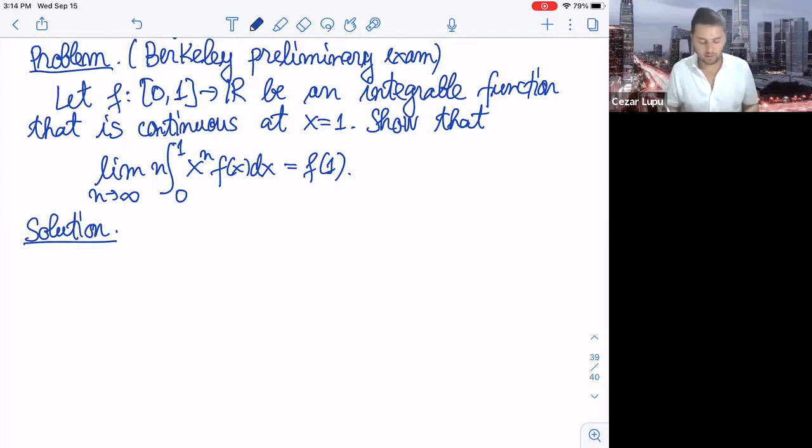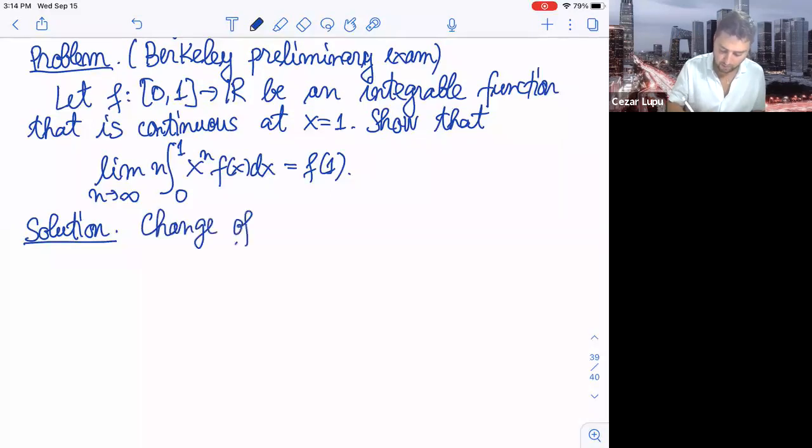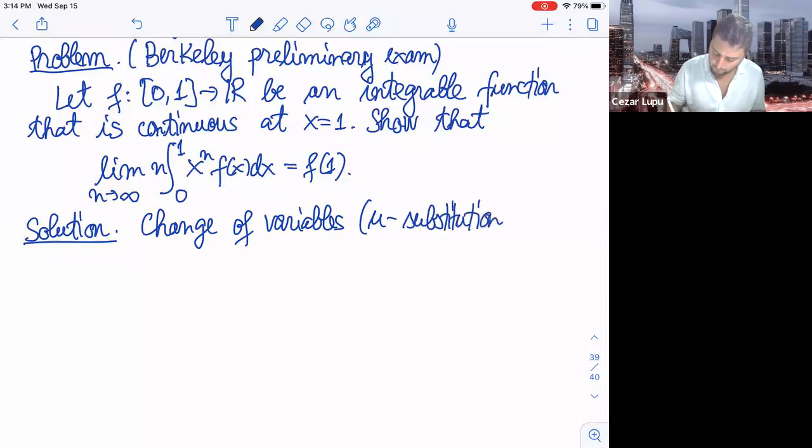So let's come up with a change of variables, or u-substitution if you want. Let's say x to the n equals u. Now we would like to express this integral in terms of the new substitution.